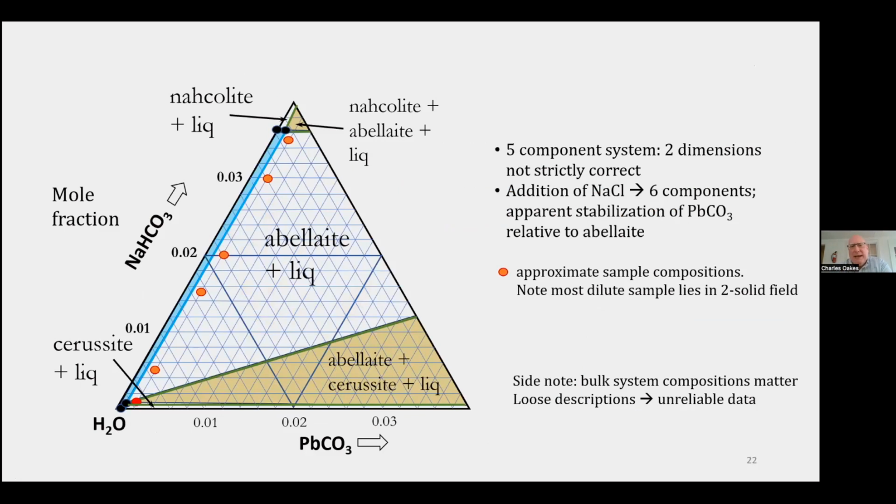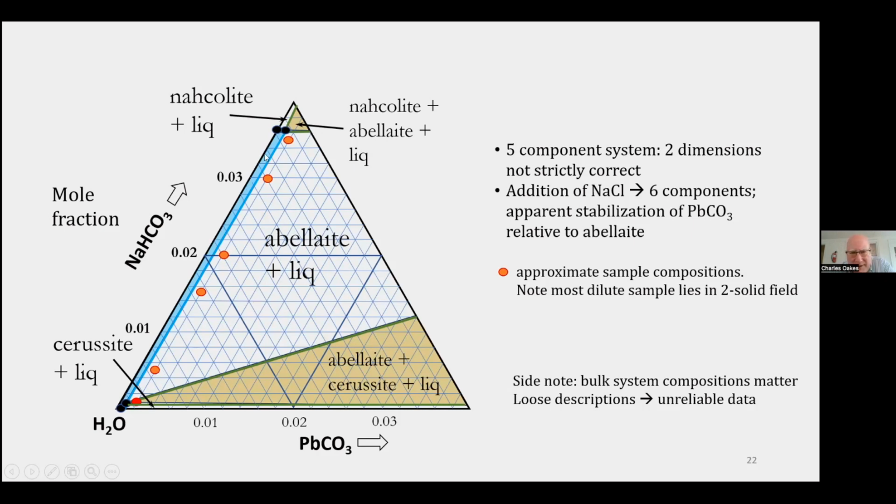So I blew up that corner of the phase diagram. This is just an expanded view of the previous phase diagram. It captures this two-solid phase field down here, and the two-solid phase field up here. Those are the brown things. Then the abelite single solid plus liquid phase field is here.